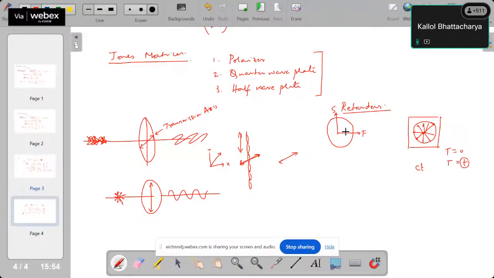Now, briefly, why this happens: we have to know how light travels through a medium. When light travels through vacuum, there is nothing to interact with. But when light travels through a medium, for example air, glass, water, the medium consists of atoms.